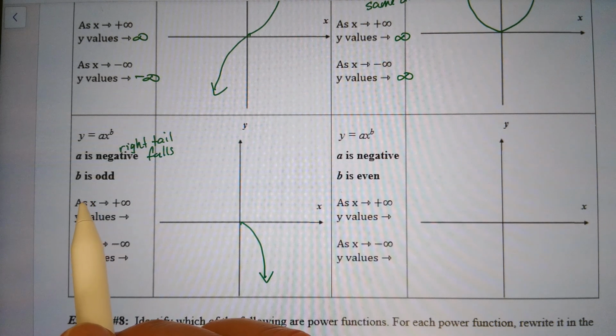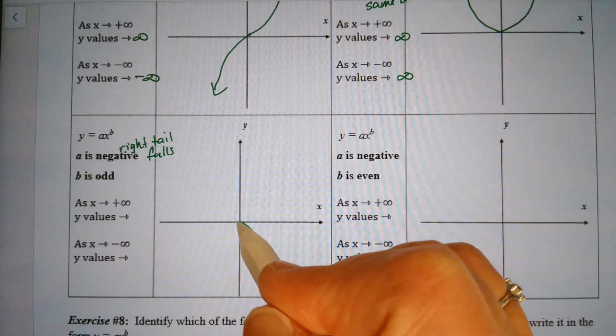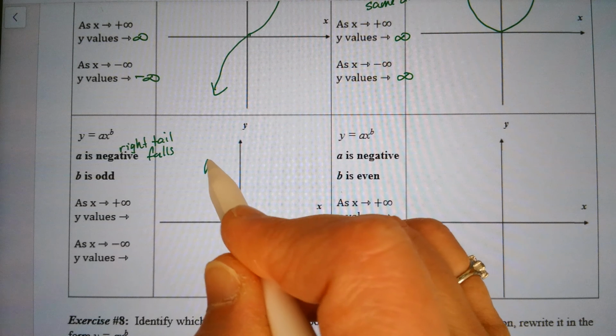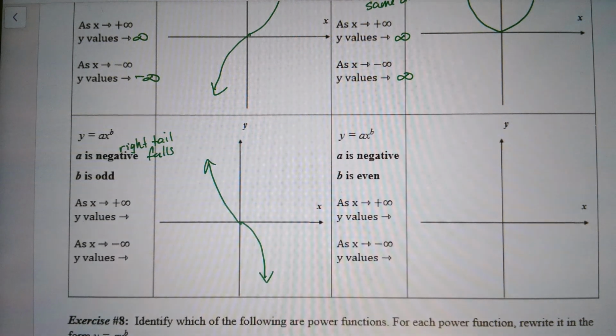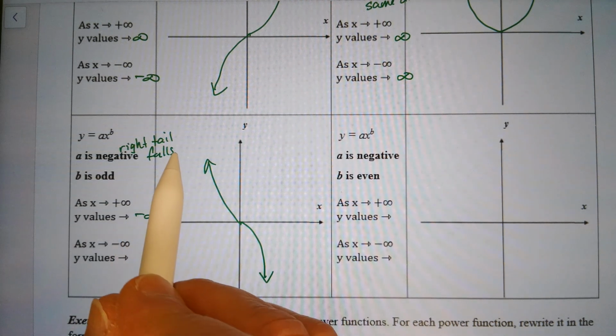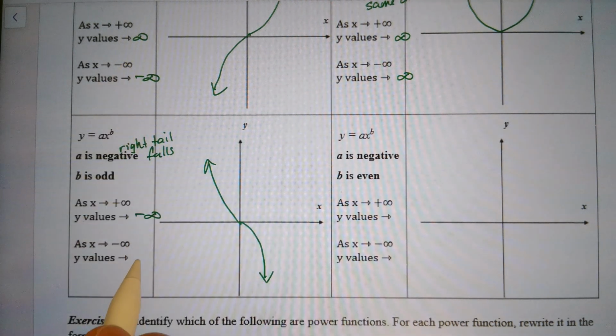B is odd, the tails point in opposite directions, so that means the left tail goes this way. As x goes to positive infinity, y is going to negative infinity. As x goes to negative infinity, y is going to positive infinity, or going upward.